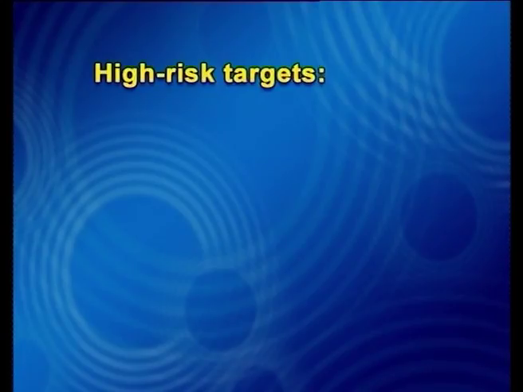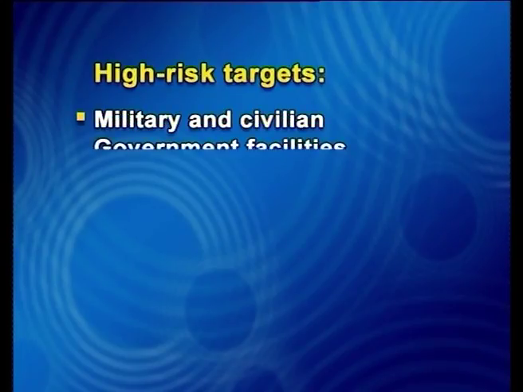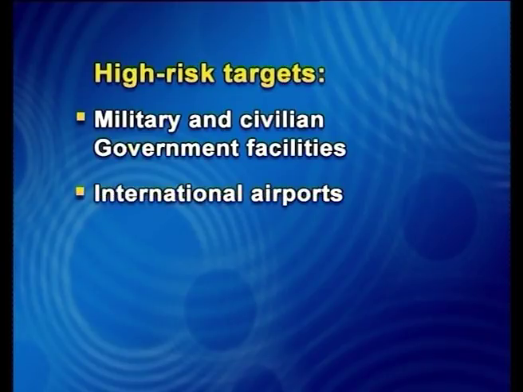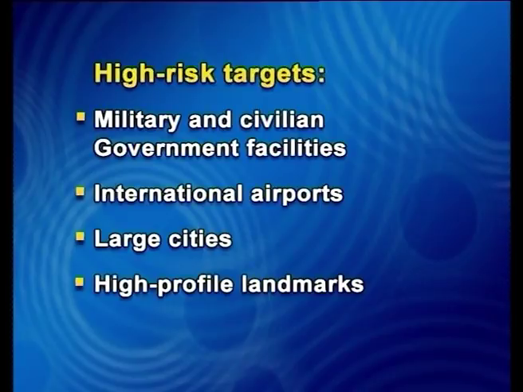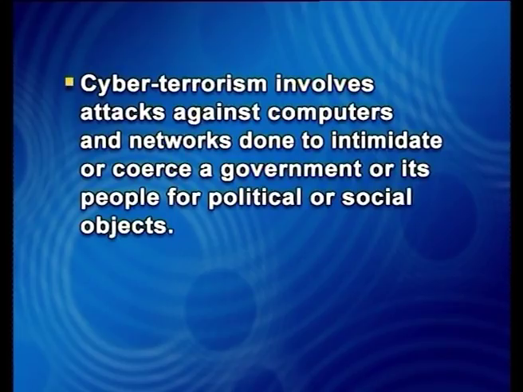High-risk targets include military and civilian government facilities, international airports, large cities, and high-profile landmarks. Cyber terrorism involves attacks against computers and networks done to intimidate or coerce a government or its people for political or social objectives.